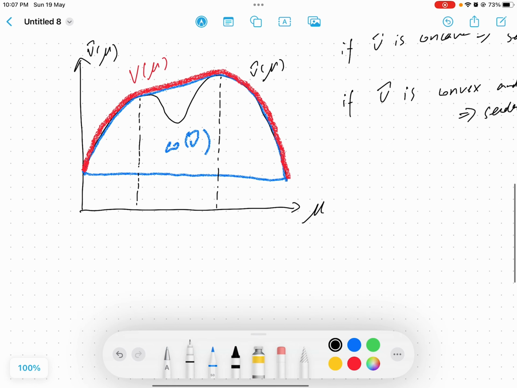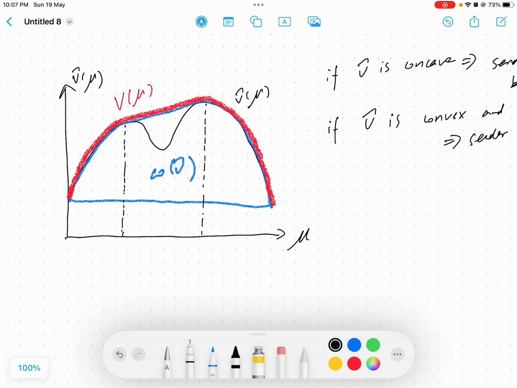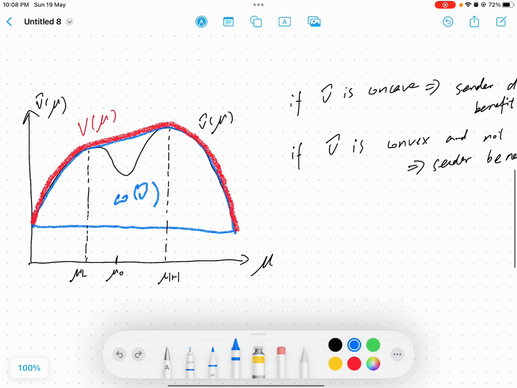If the prior mu naught is somewhere in between mu L and mu H, then we can notice that this function v hat, for this part only, is convex, right?